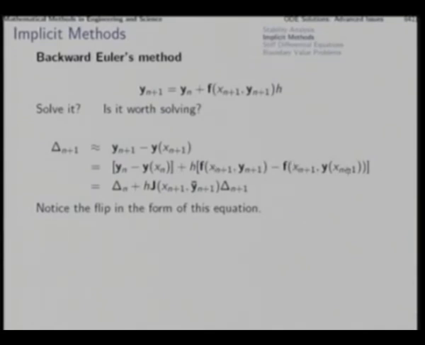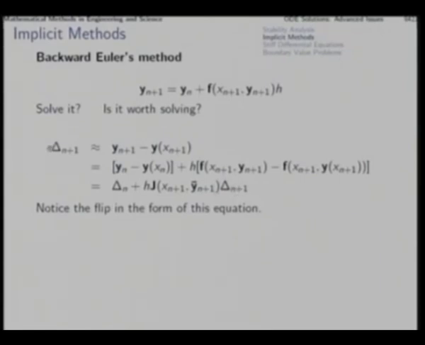Similarly here, and that will give us delta n and this will be h J. This J is slightly different from that earlier J, but still it is the Jacobian matrix at a representative point into the change in y, the difference in y.